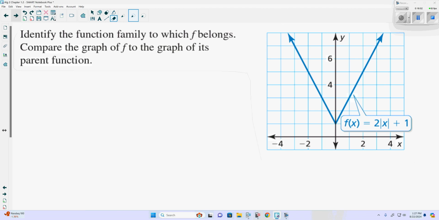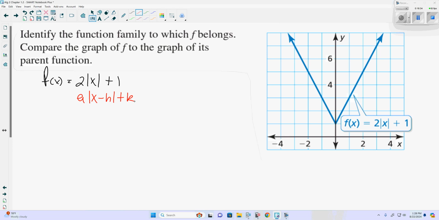So this here, our function, f of x is equal to 2 times the absolute value of x plus 1. The general form, a times absolute value of parentheses x minus h, plus k. So we do have multiple numbers that are being used. So looking through this here, we have a value for a, k, but not h.